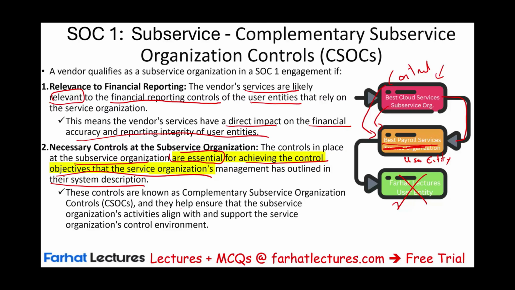And these controls help ensure that the subservice organization's activity aligns with and supports the service organization control environment. So for our controls to work properly, the controls at Best Cloud Services, which is a subservice organization, will have to be working properly as well. So this is a SOC 1 engagement.